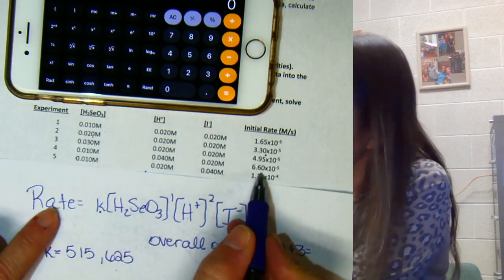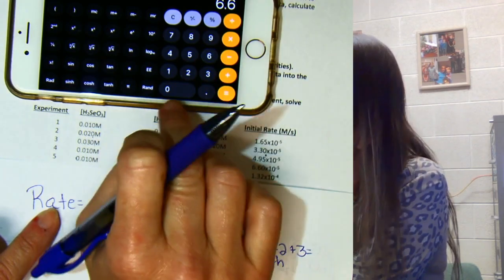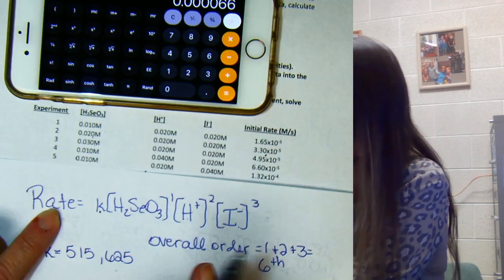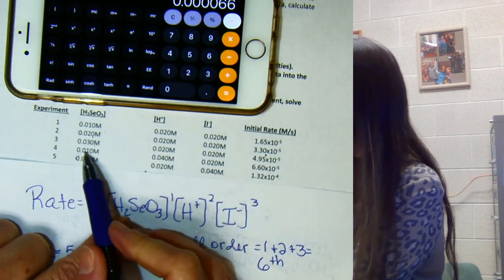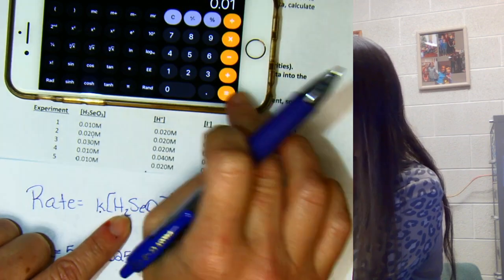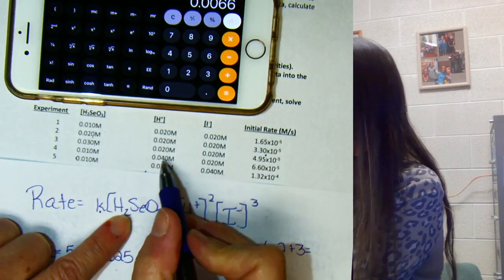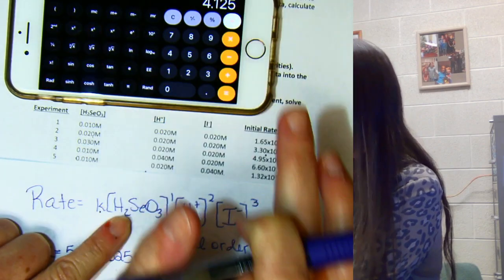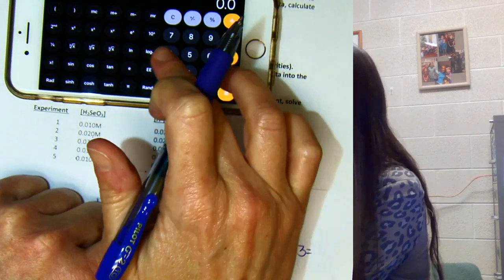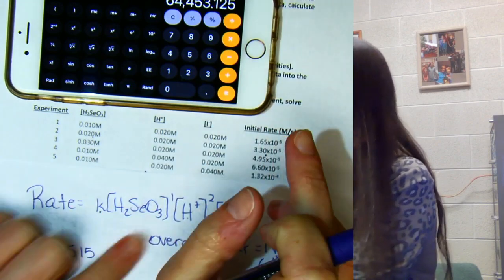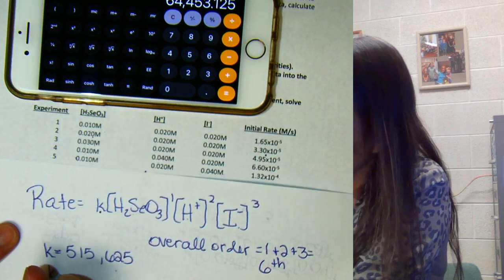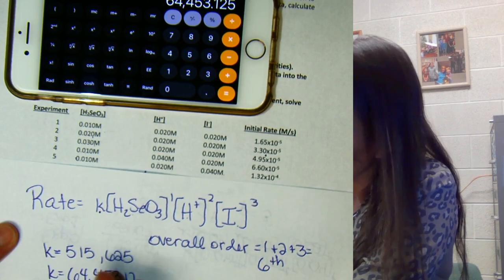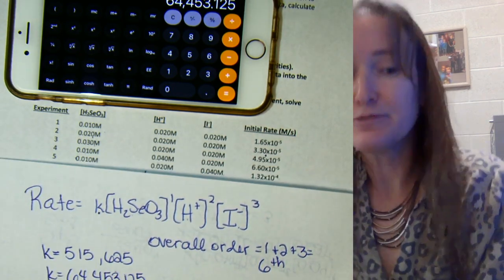We plug the rate in here, 6.60 exponent -5, and we're going to divide it by the concentration of your acid, 0.01 to the first power, divided by hydrogen ions squared, divided by iodide ions cubed, equals. Okay, there we have a different number.